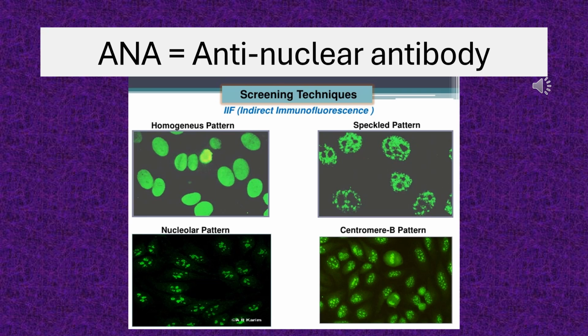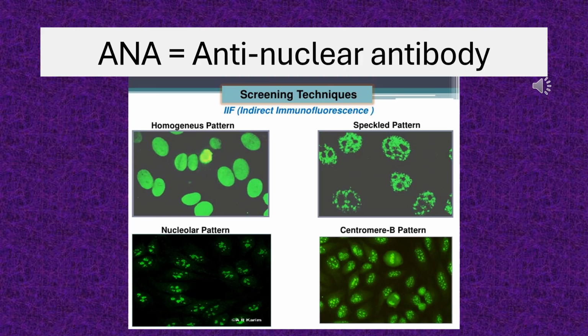And you can see that the titer is usually reported as a particular pattern. There are 4 patterns that you see on the slide now: homogeneous, speckled, nucleolar, and centromere. What those indicate is a rough idea about where the antibodies are sticking. Most of these are nonspecific.